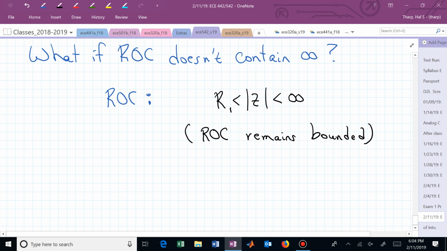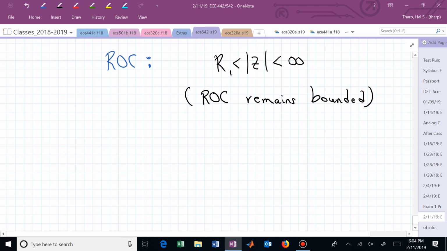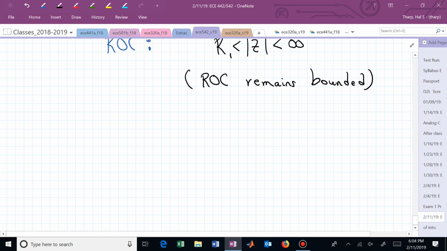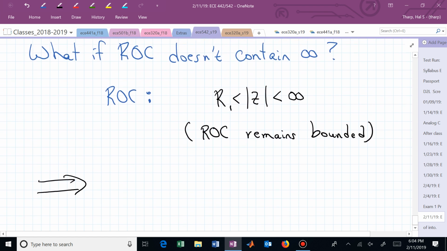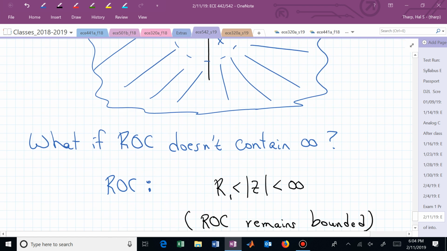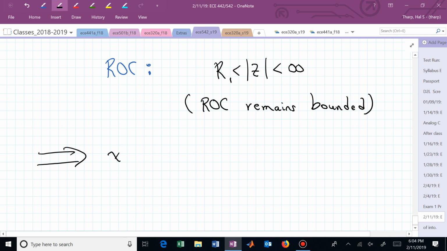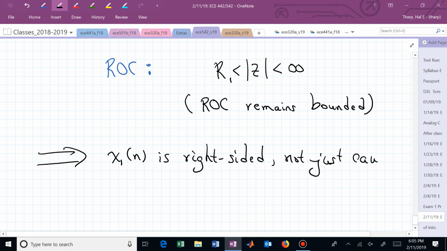Well, now when we remove infinity, we generalize this causal waveform and we say that the sequence is now right-sided. So if this is now our variation on pattern 1, let's say that little x of n is now right-sided. Not just causal.